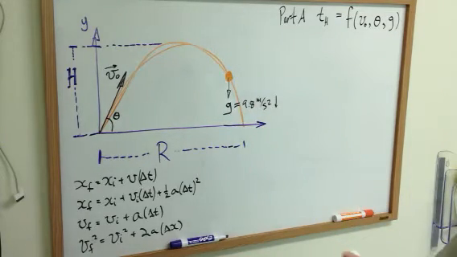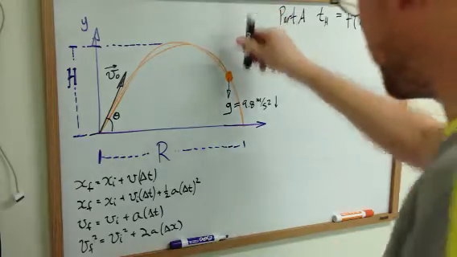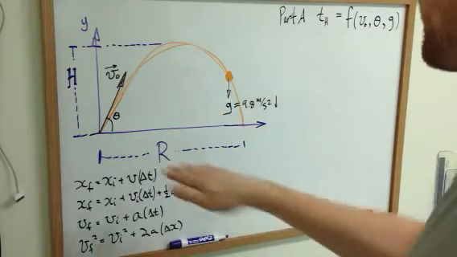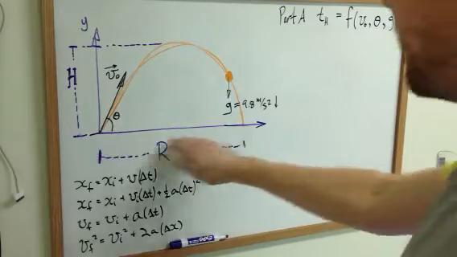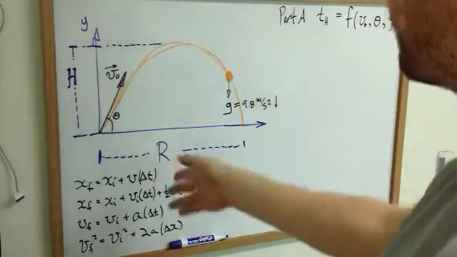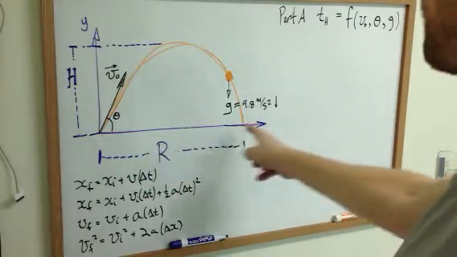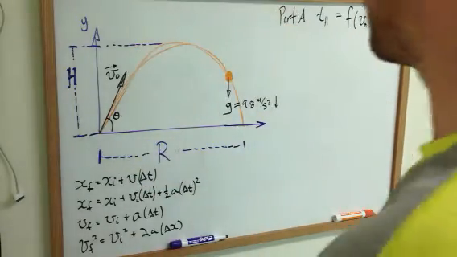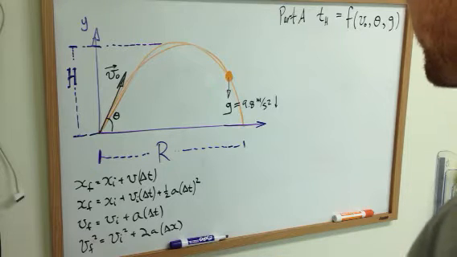The only force on this is gravity, which is downwards, not left or right. So we have constant velocity horizontally, and we have constant acceleration vertically.